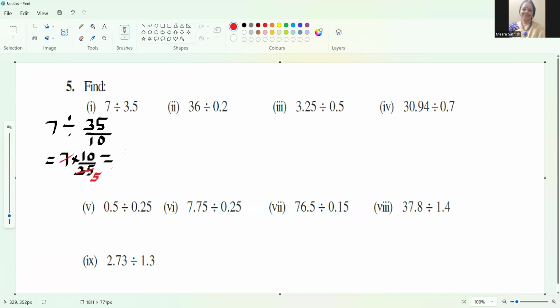What is 10 by 5? 2. So the answer is 2. Next, 36 divided by 0.2, write it as 2 by 10. Now put the reciprocal, 36 into 10 by 2. And 2 and 36 we can cut, no? 18. So 18 into 10, 180.